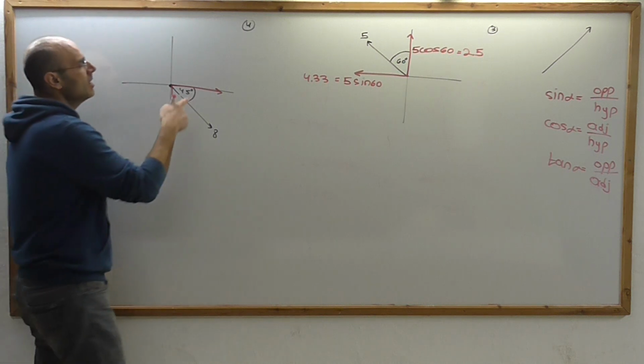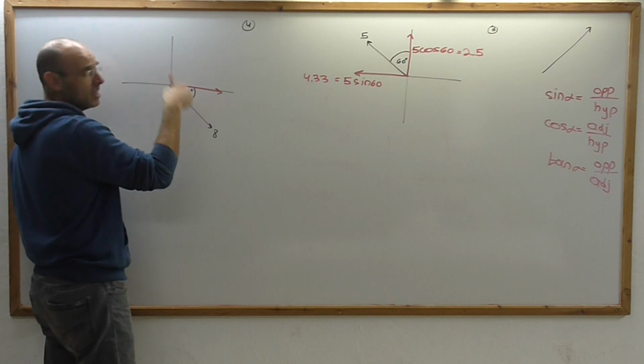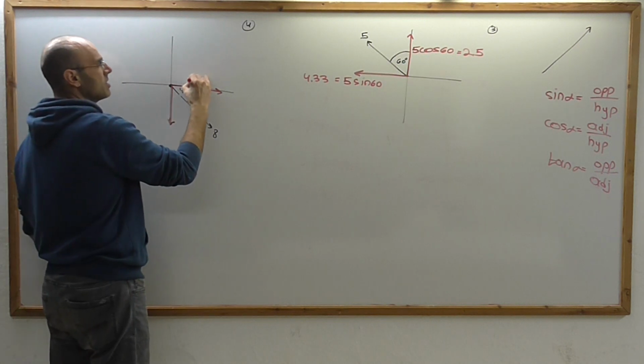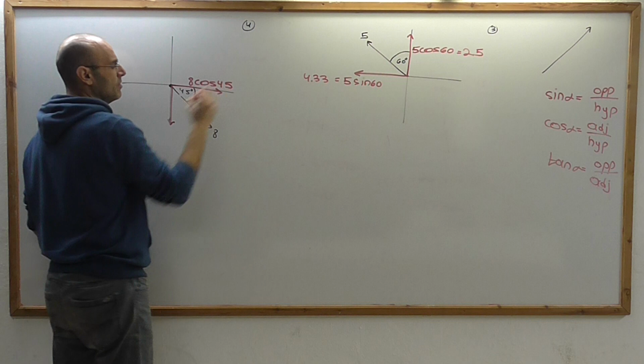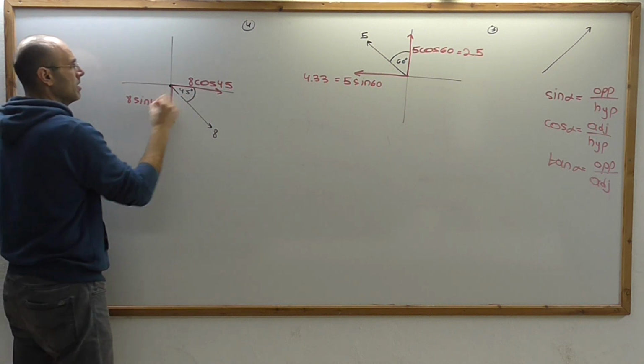Let's see. This component is next to the angle, it gets the cosine. So this is 8 cosine 45. This one will naturally get the sine. Let's see.